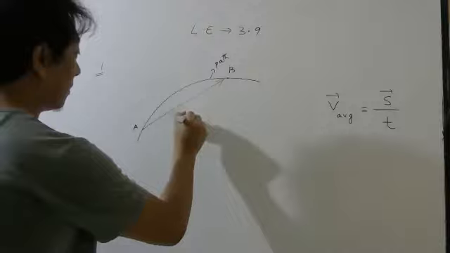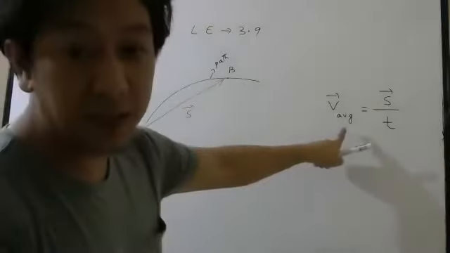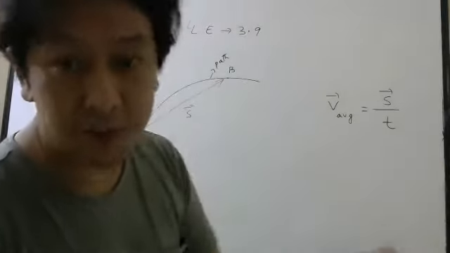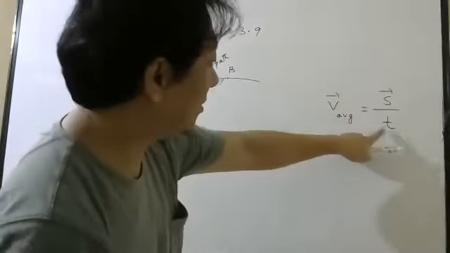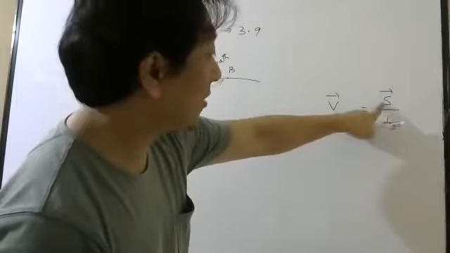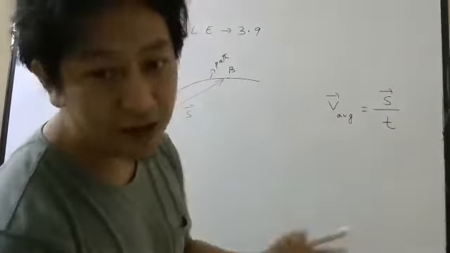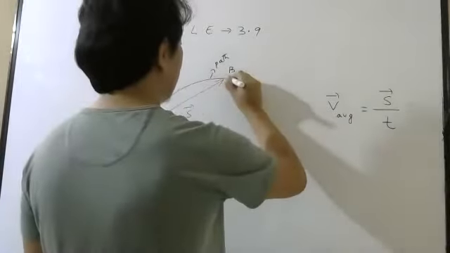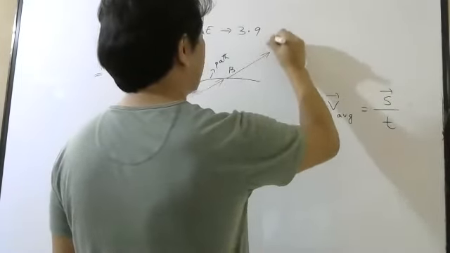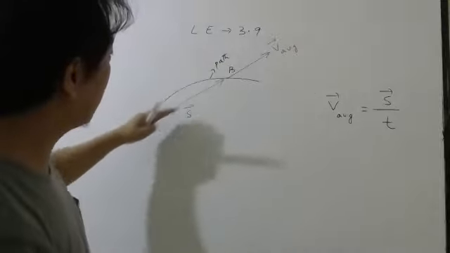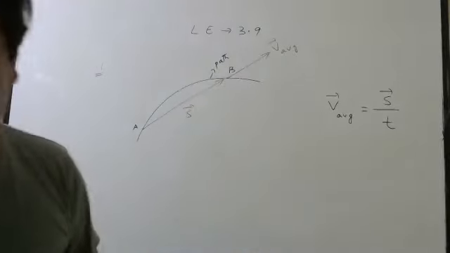And average velocity is always along displacement vector. Time is a scalar quantity, so this vector and this vector should have the same direction. So wherever is displacement, average velocity will be in that direction.